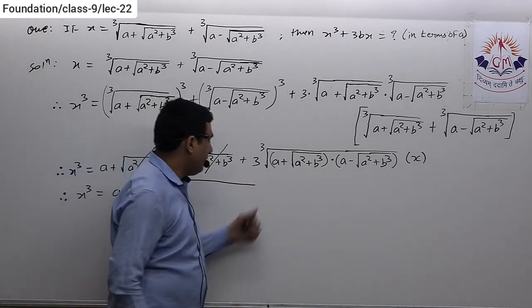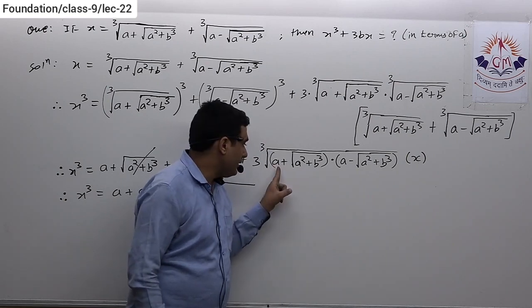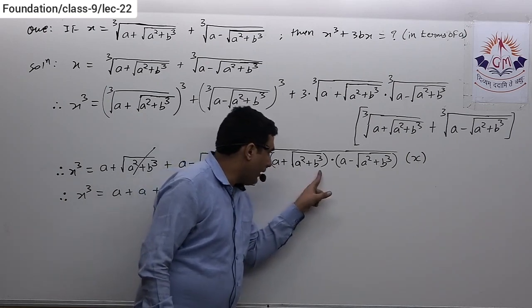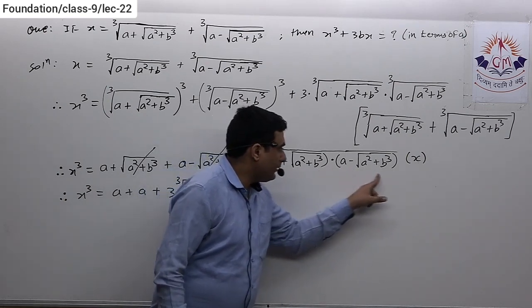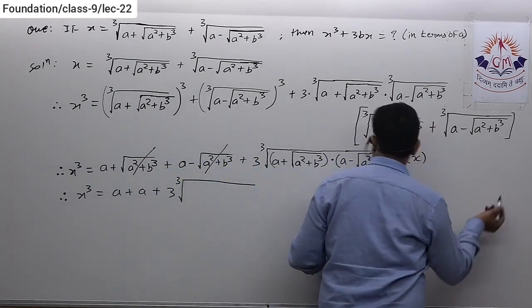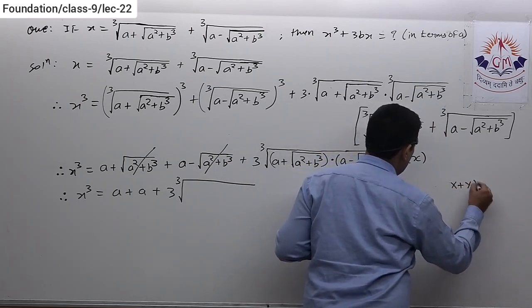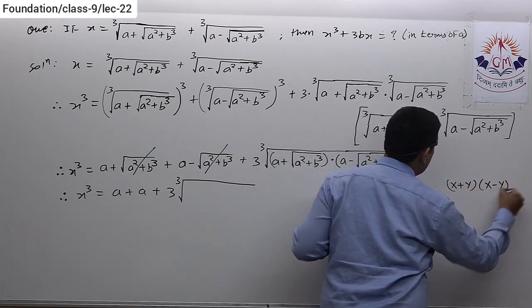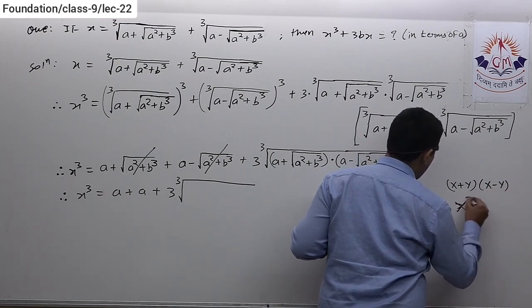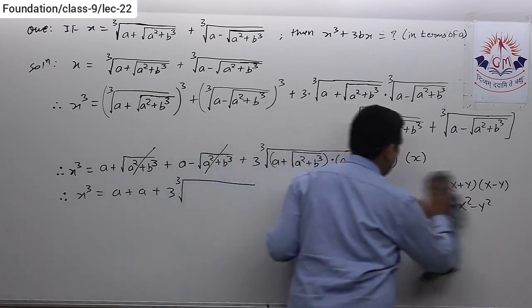Now over here, if you observe carefully, this is x plus y, this is x minus y, and we know that x plus y into x minus y is going to give you an identity, that is x square minus y square. Okay, so now I'll apply that identity over here.